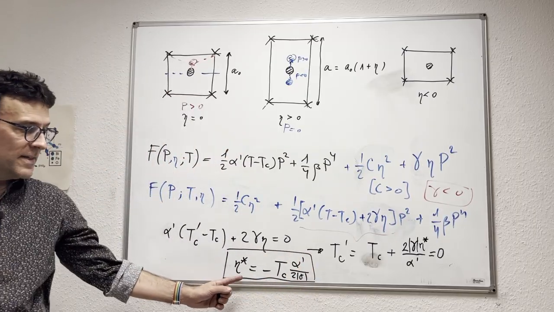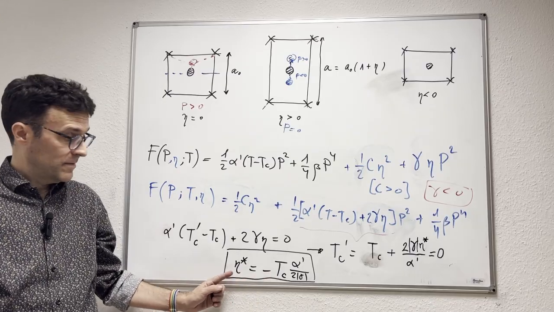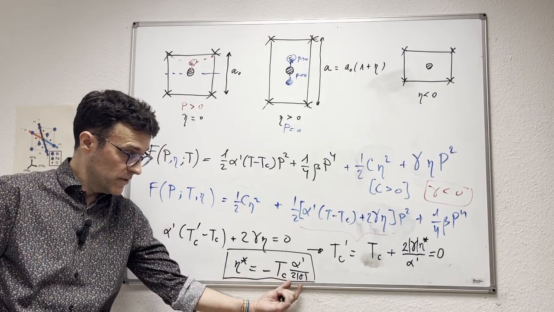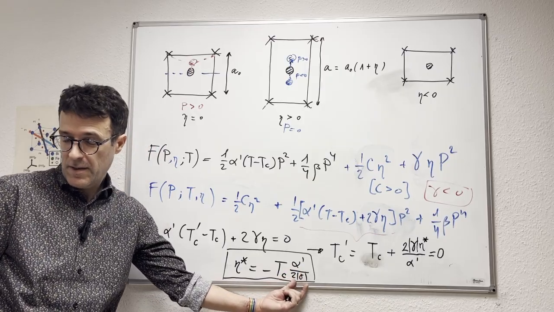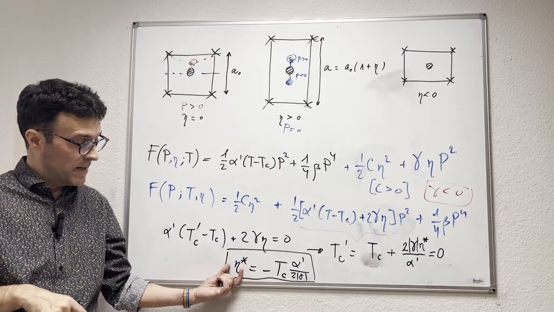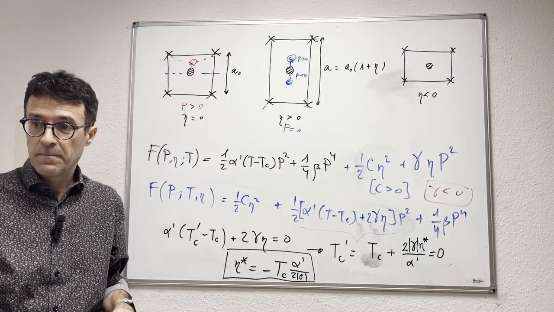If I am able to apply a strain as large as this and negative, eta star equals minus, and everything here is a positive number, right? Tc is positive, alpha prime is positive, absolute value of gamma is positive. So if I am able to apply this much compressive strain, I remove the polarization completely.